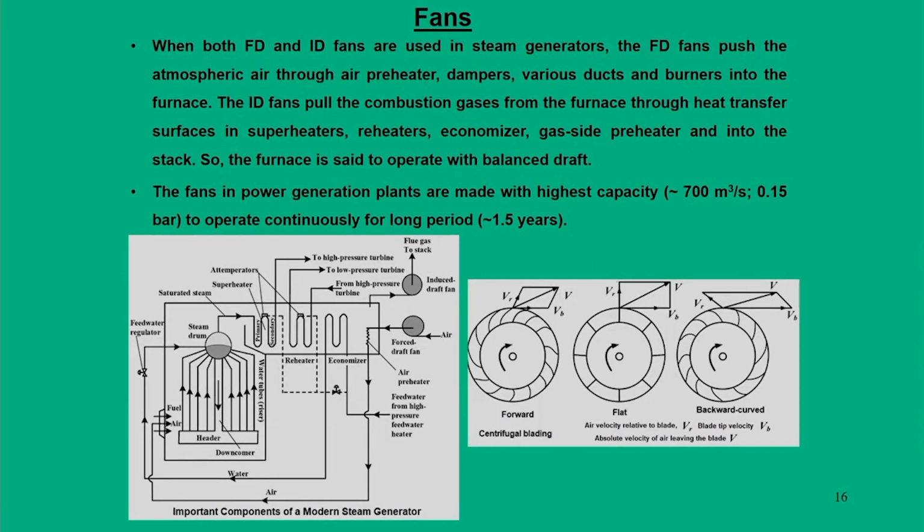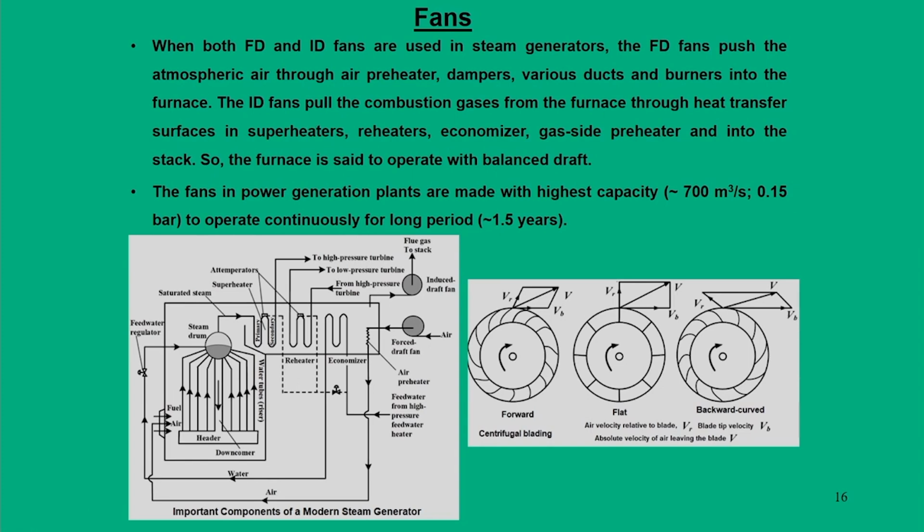But in a balanced draft steam generating unit, what do we have? We have a forced draft fan as well as an induced draft fan, and they operate in such a way that the system is under balanced draft. The forced draft fan will push the air and the induced draft fan will pull the combustion products out of the system.